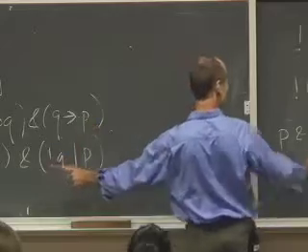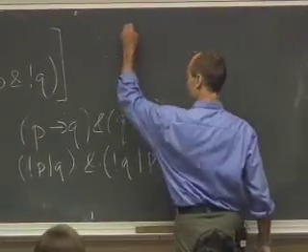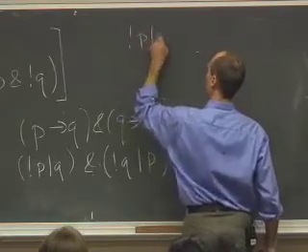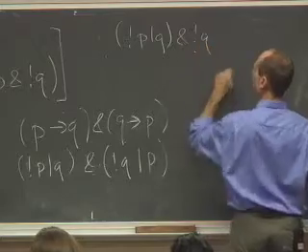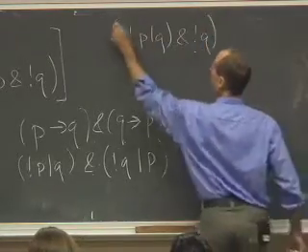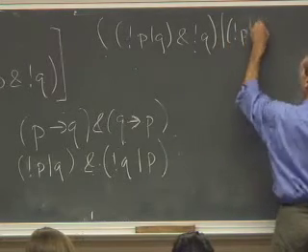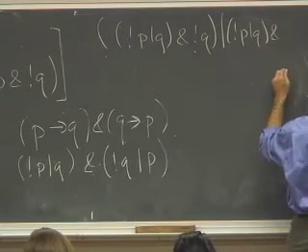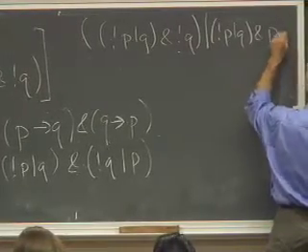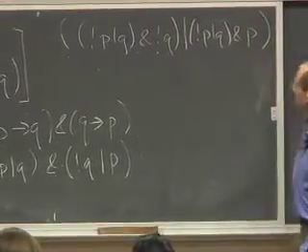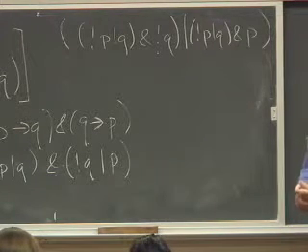So using this rule, this becomes not P or Q and not Q, or not P or Q and P. Yes? So far, so good?